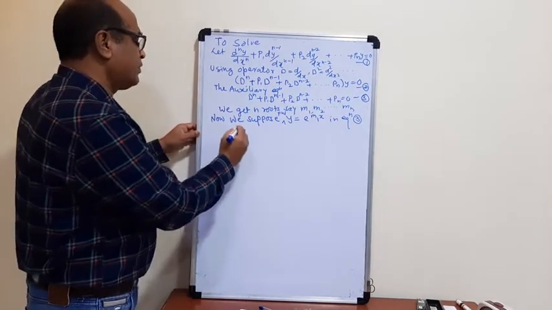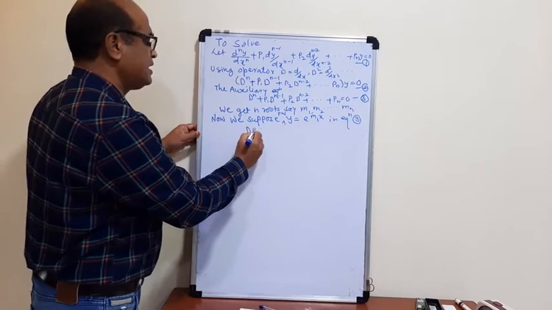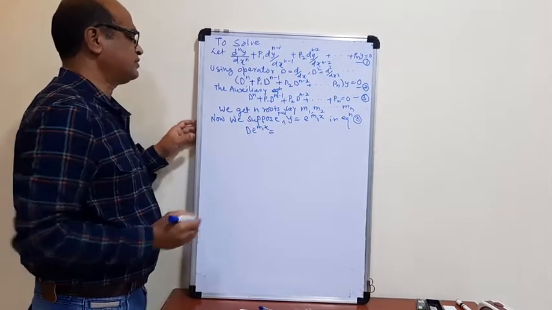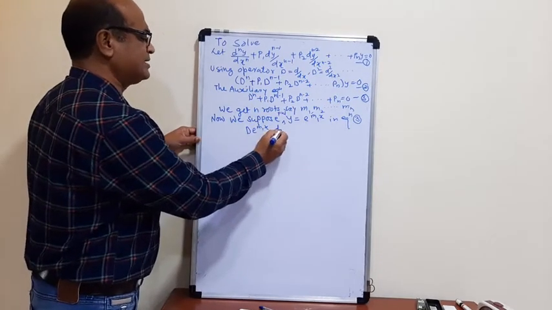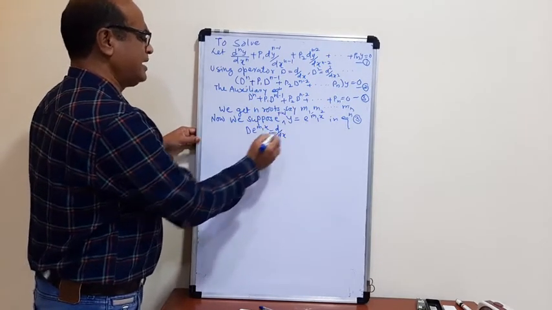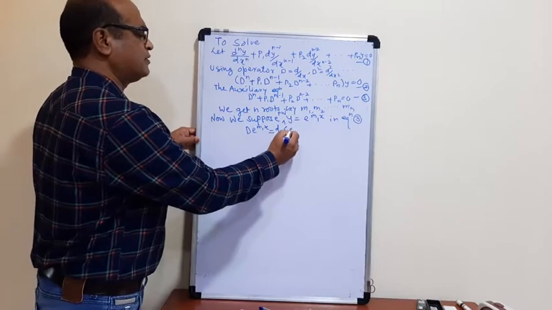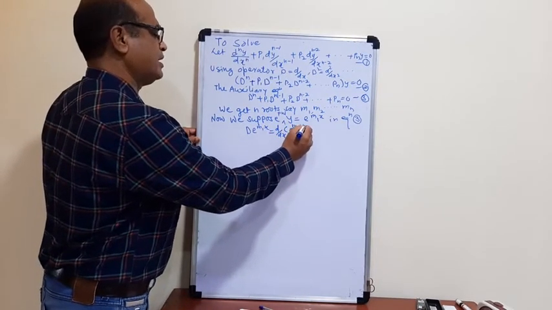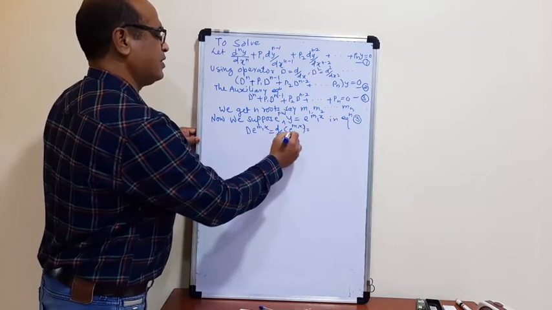Before that, what is D of e raised to m1x? Capital D is an operator, meaning d by dx, the derivative of e raised to m1x. So what is the derivative of this?